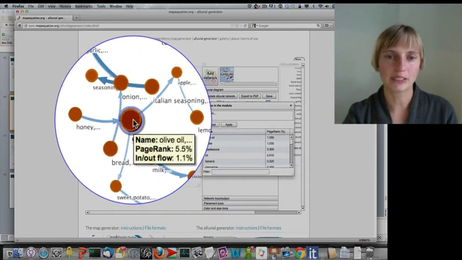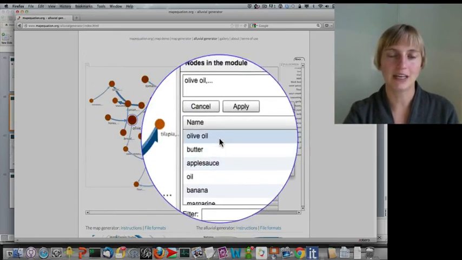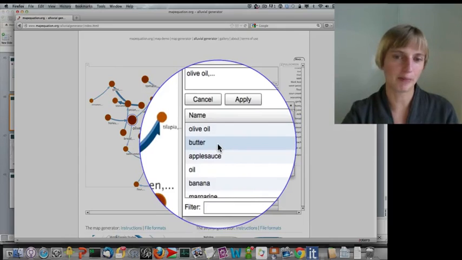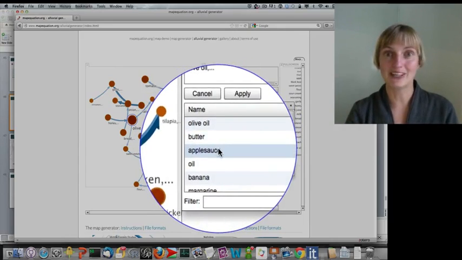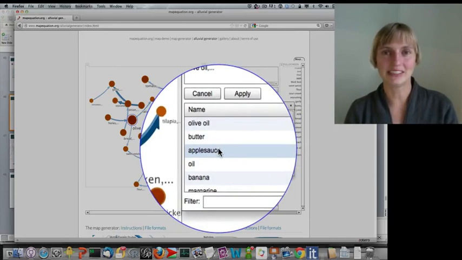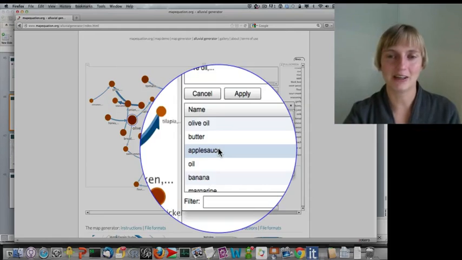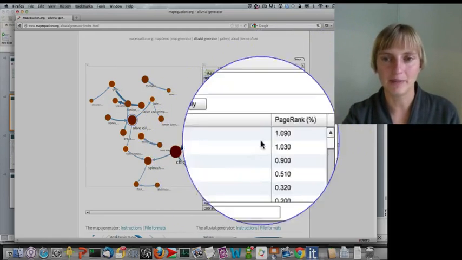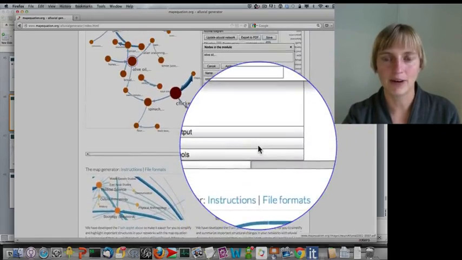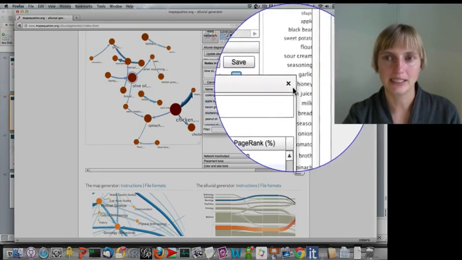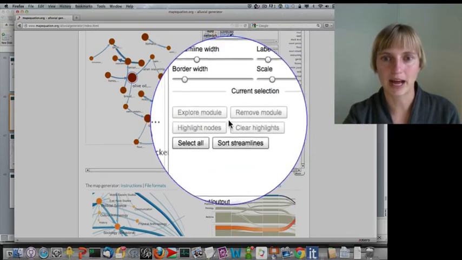We can also look at olive oil and find olive oil substituted by butter, substituted by applesauce. I didn't know this until I was doing the research, but I guess applesauce is often a low-fat alternative that gets substituted in.